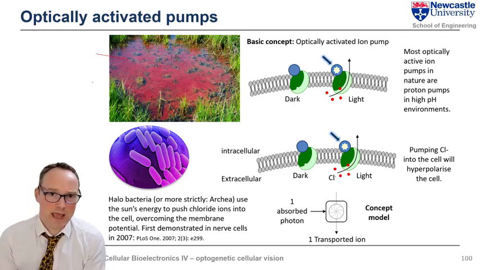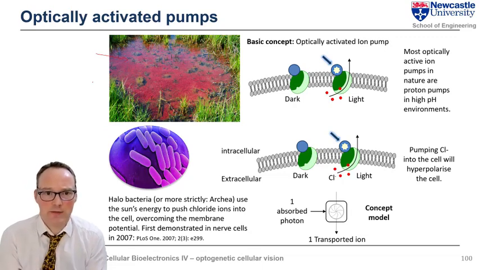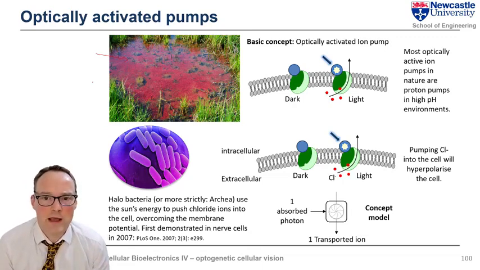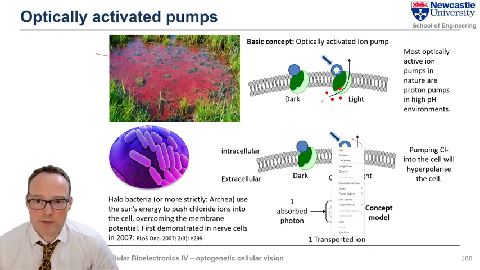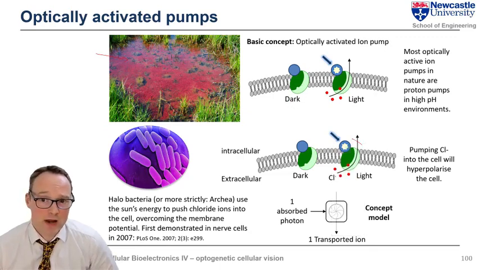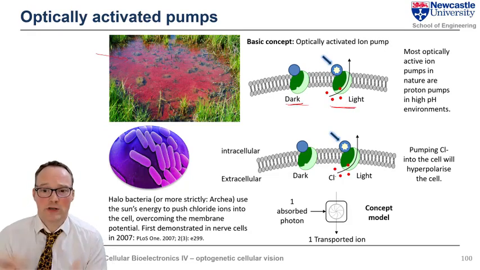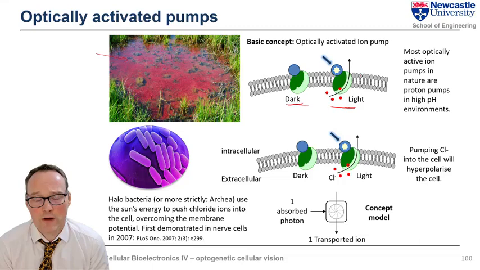In some cases it's hydrogen ions, in some cases sodium ions, and especially for the chloride ions, they use pumps. Basically, in the dark the pumps do nothing, but in the light, the pumps pump out the chloride from the cell.